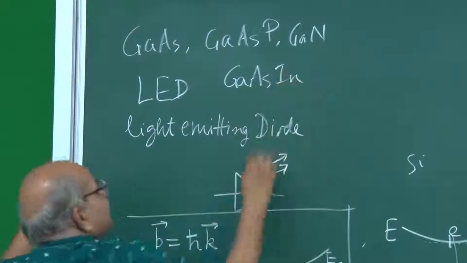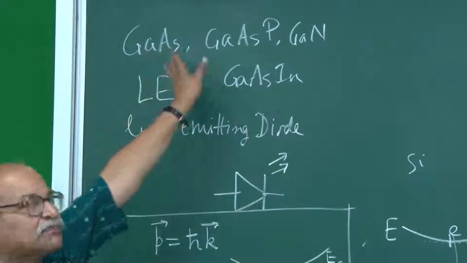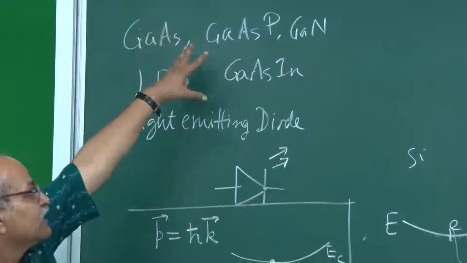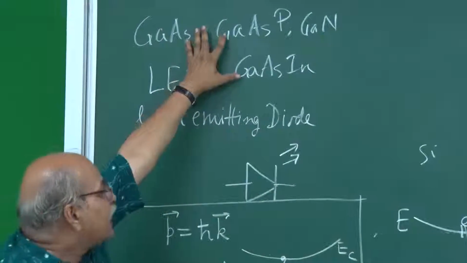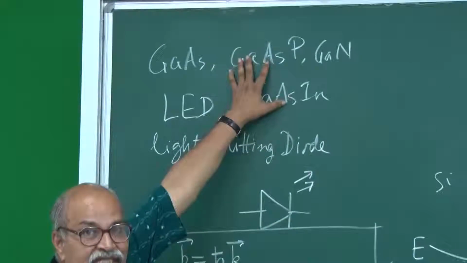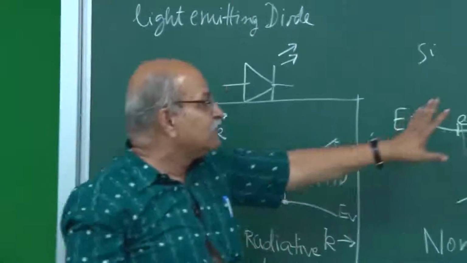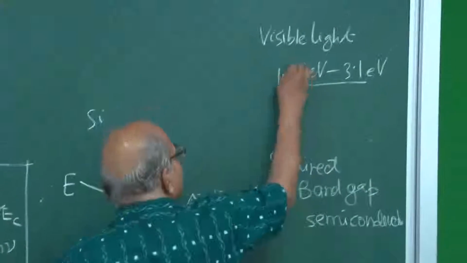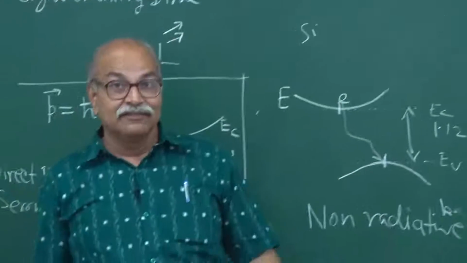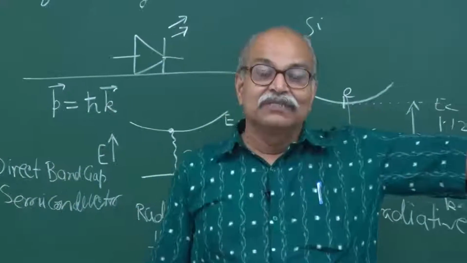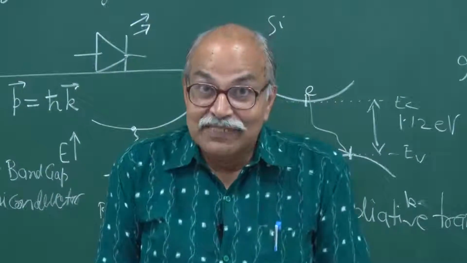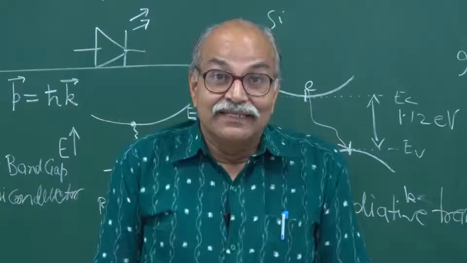With these kind of semiconductors, you can play with proportions and in what fraction they have to mix. They will be direct band gap semiconductors, and with proper composition their band gap can be in the visible range. So when current goes through them in forward bias condition, they can emit light. So, that is LED.